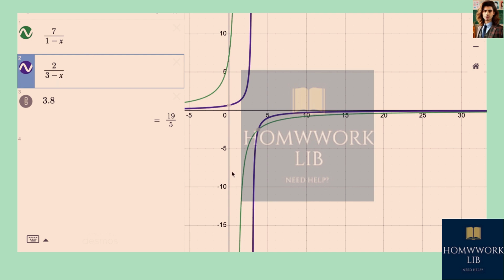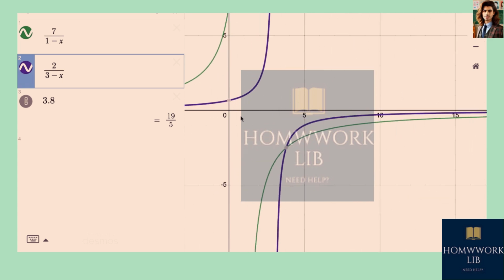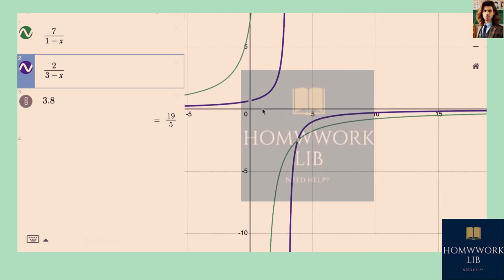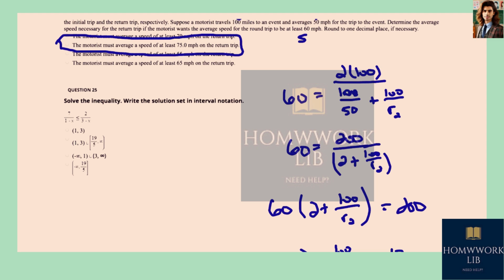So in that interval from 1 to 3, but we're not going to include either of them because they are asymptotes, but then green will be under the purple, or 7 over 1 minus x would be less than 2 over 3 minus x in that interval as well. So let's go with the second choice.